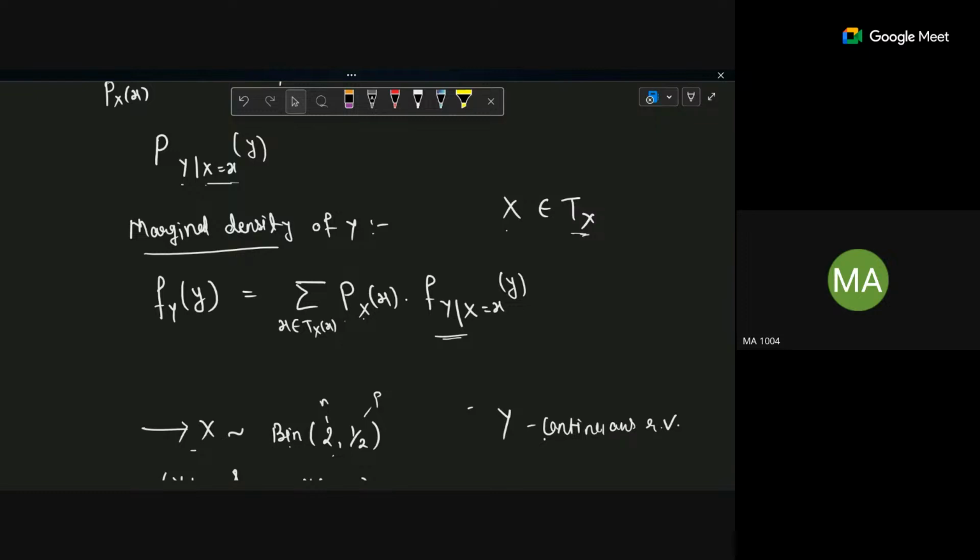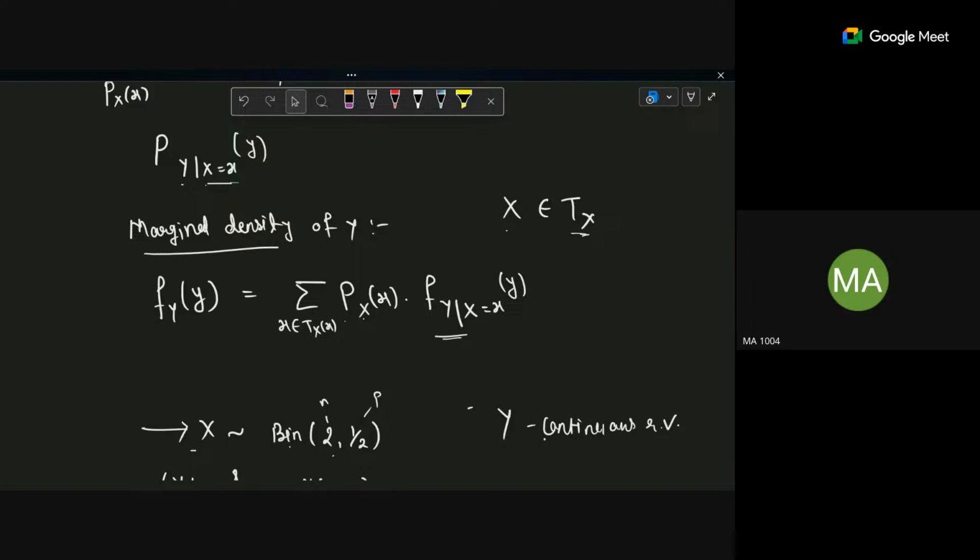This equation came from the concept joint density equals marginal into conditional. From that equation, we got this: F y of y equal to this one.